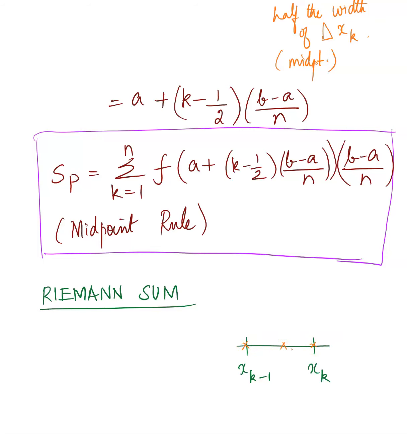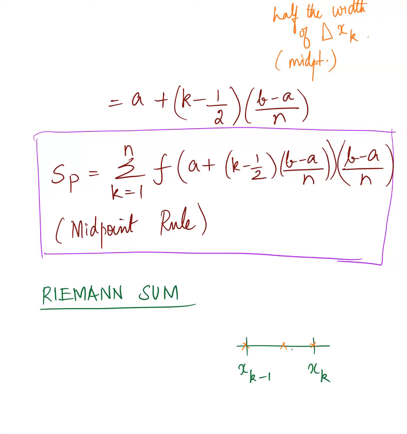For that matter, it doesn't matter which point you choose on the subinterval, because the difference becomes insignificant when we choose our rectangles to be really, really fine. If they are so thin, the width is almost negligible, so it doesn't matter where you choose your point.